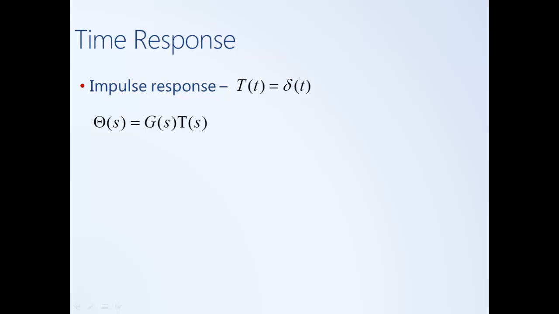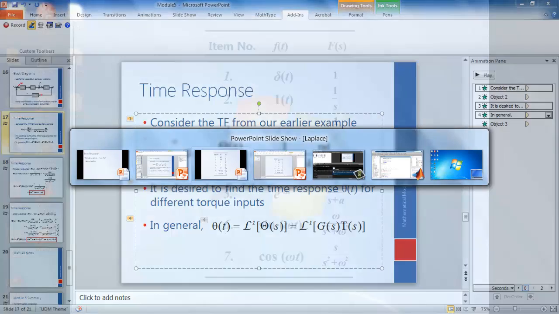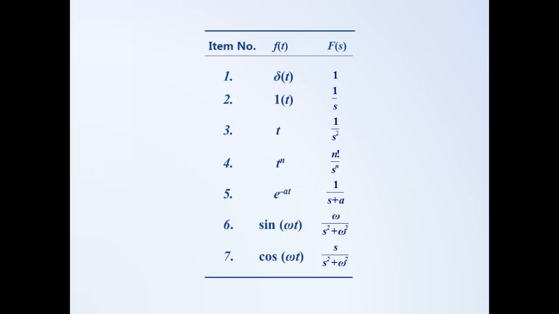Theta of s, the output signal again, is the transfer function times the input signal. G of s is defined on the previous slide, 1 over Js squared plus bs plus k. T of s is the Laplace transform of the unit impulse. If we look back at our Laplace transform table, the Laplace transform of a unit impulse is just equal to 1.